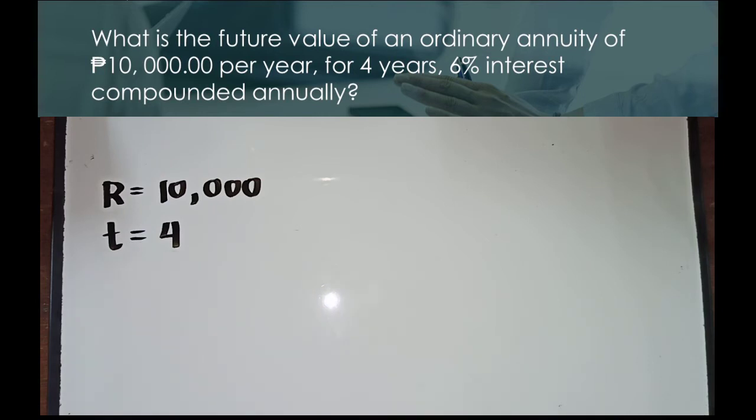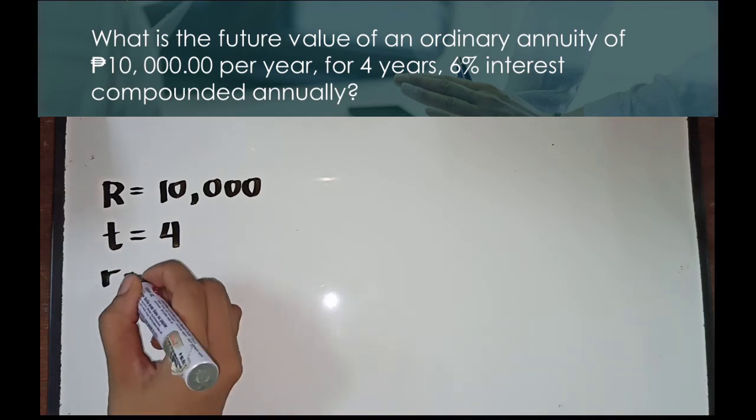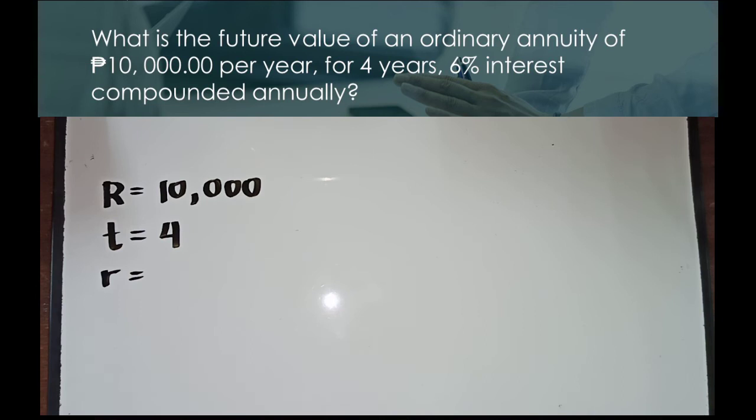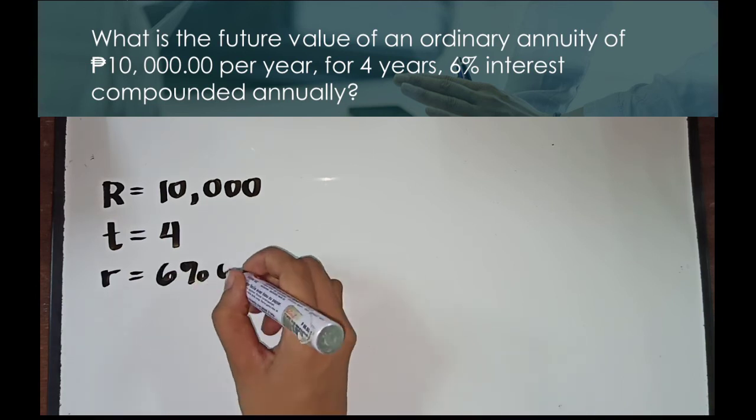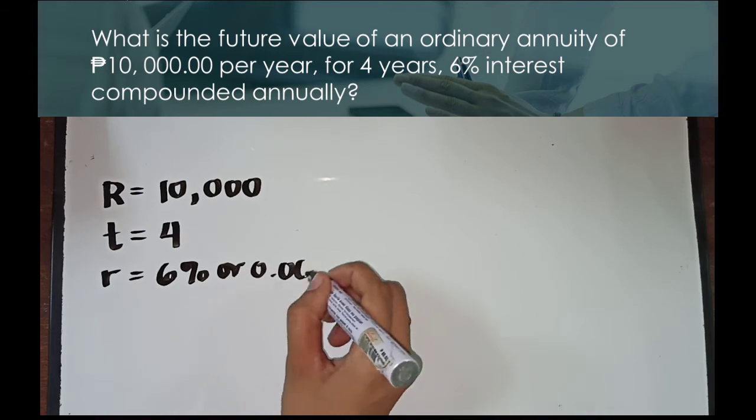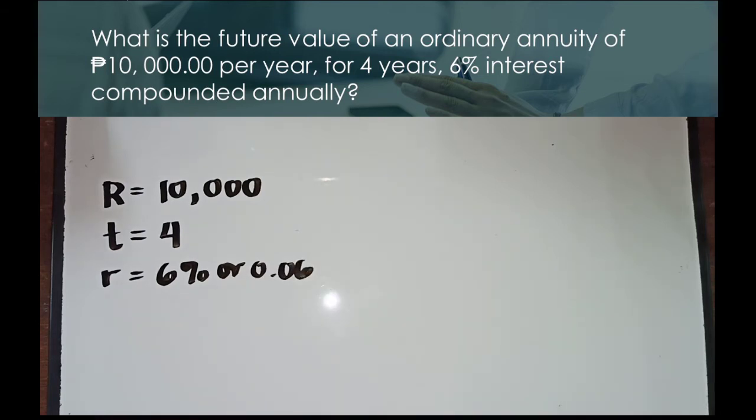And next, 6% interest. So, small letter R, we have this 6% or 0.06. And next is compounded annually.